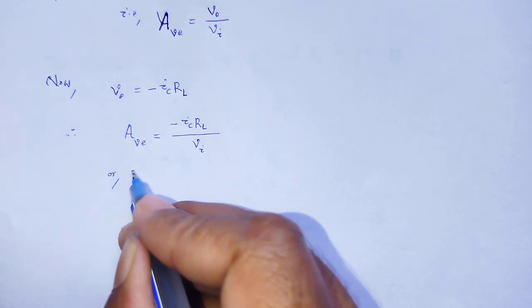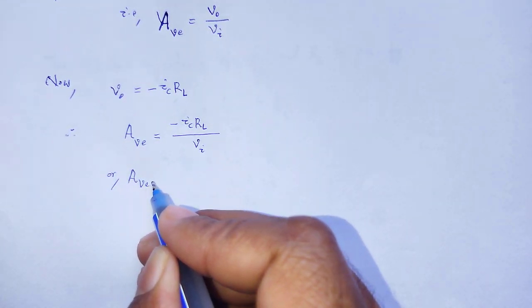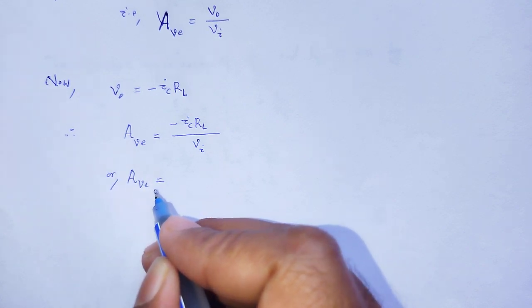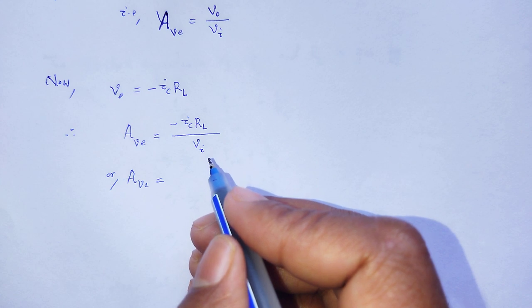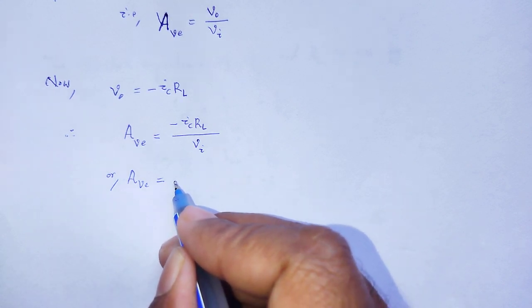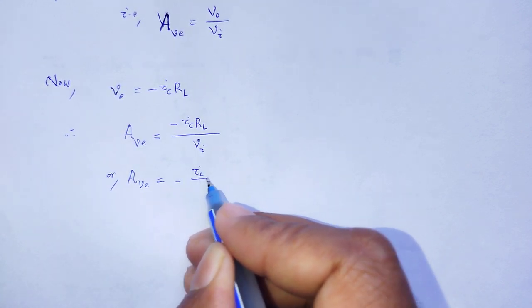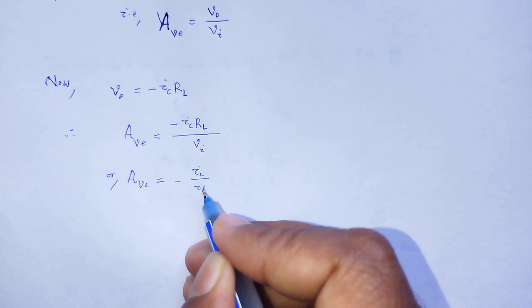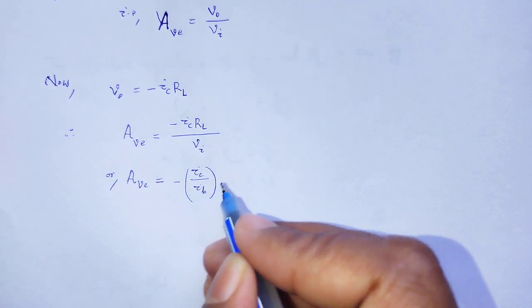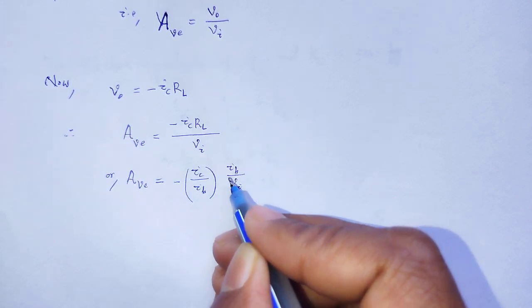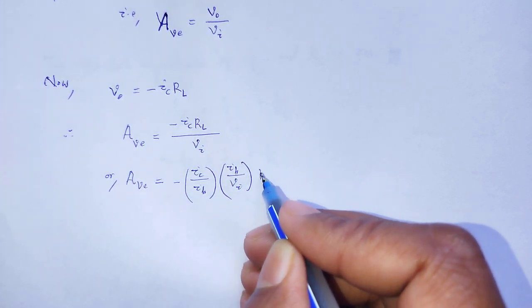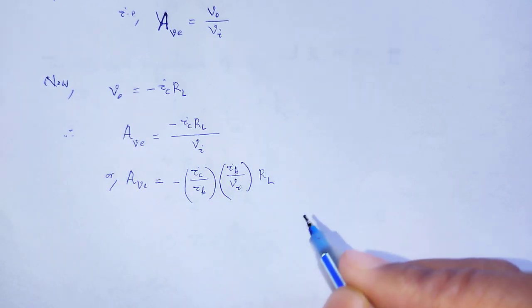We can change it: AVE is equal to minus IC by IB, where IB is divided and multiplied, so there will be no change in the equation.